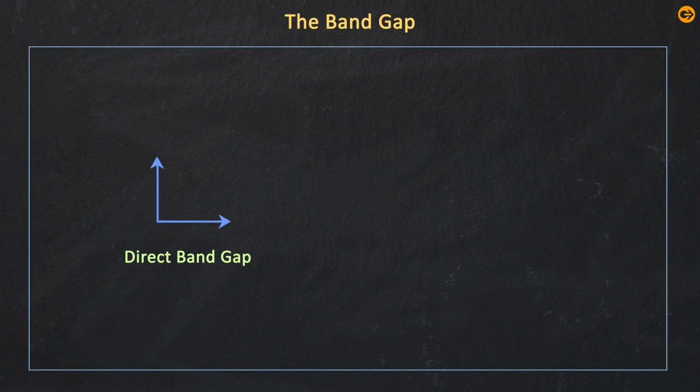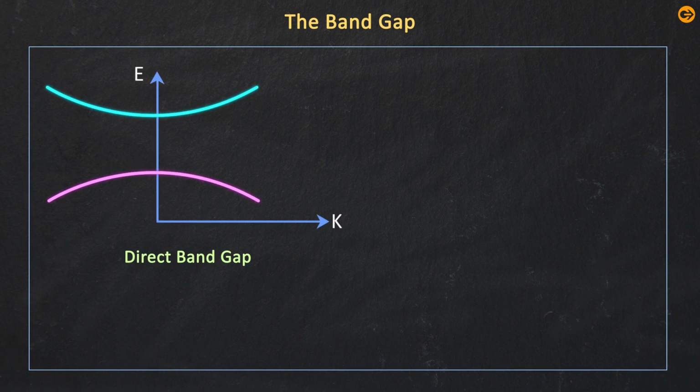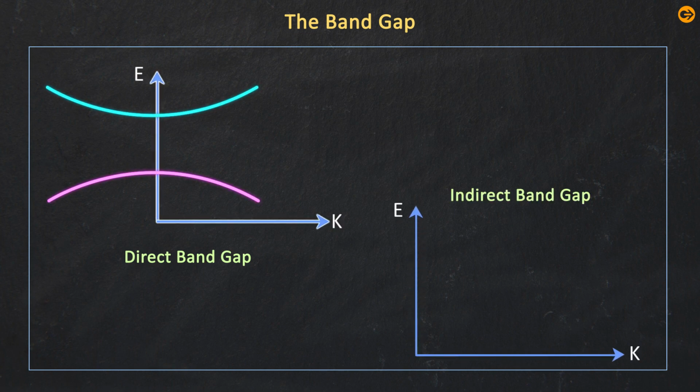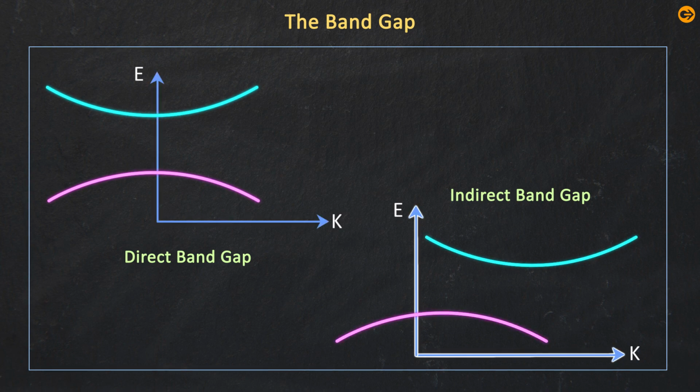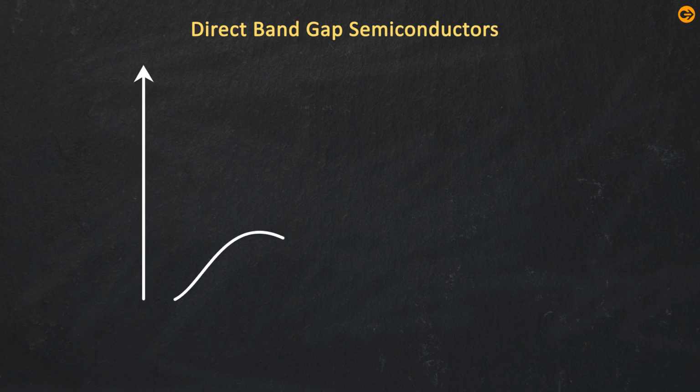Now let us discuss about the band gap. The band gap shows the energy difference between the top of the valence band and the bottom of the conduction band. Based on electron momentum against the wave vector k, the position of valence band and conduction band determines its type. First one is direct band gap semiconductor.